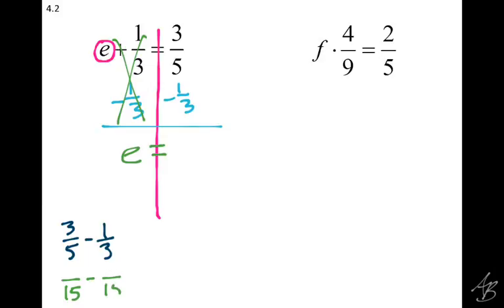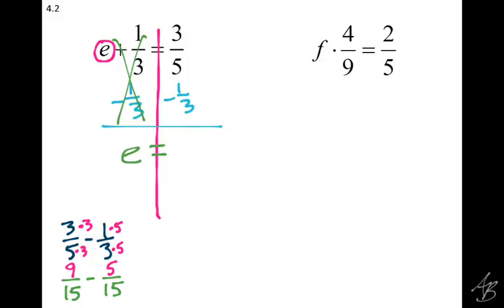All right, what do I multiply by 5 here to make this a 15? 3. So I have 3 times 3, which is 9. And then what do I multiply this by to get 15 on the bottom? 5. So I have 1 times 5 gives us 5.